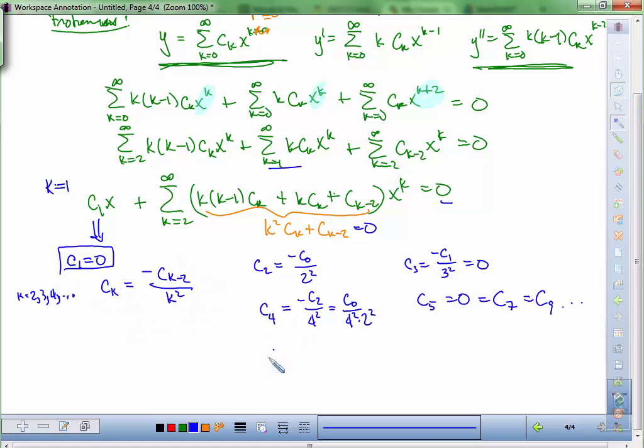Let's do one more. C6 is equal to minus C4 divided by 6 squared. So that's just equal to minus C naught, and then 6 squared, 4 squared, 2 squared.